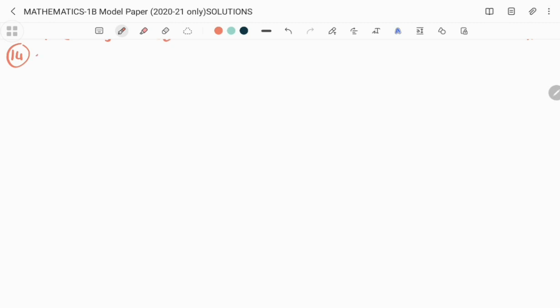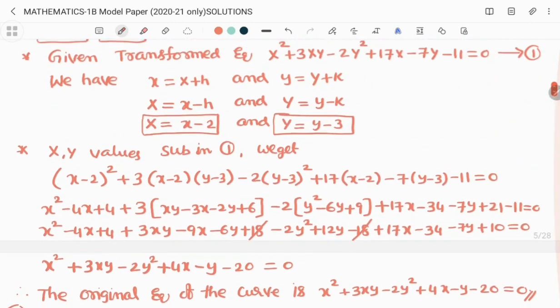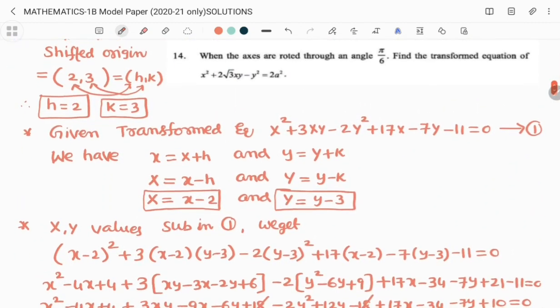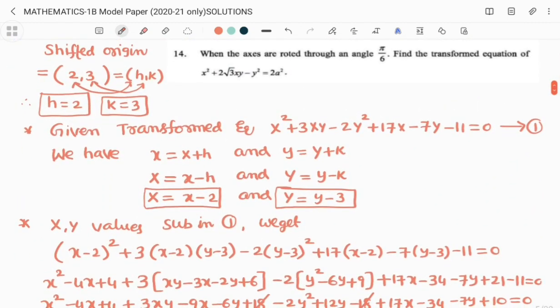It is related to rotation of axis. When the axes are rotated through an angle pi by 6, find the transformed equation of this curve. So they are asking to calculate the transformed equation. That means the given equation is what? Original equation. So the transformed equation we need to calculate when the axes are rotated through an angle pi by 6.